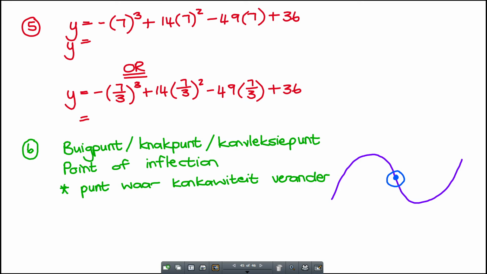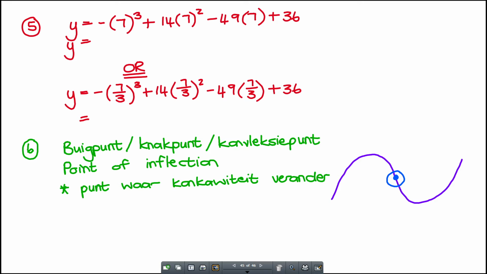Or if it was a negative graph, it would be concave up and then change to concave down. So somewhere in between those two. We've got to work out the exact point. Ek weet dit gaan ergens daar wees, maar ek moet daai presiese punt gaan uitwerk.